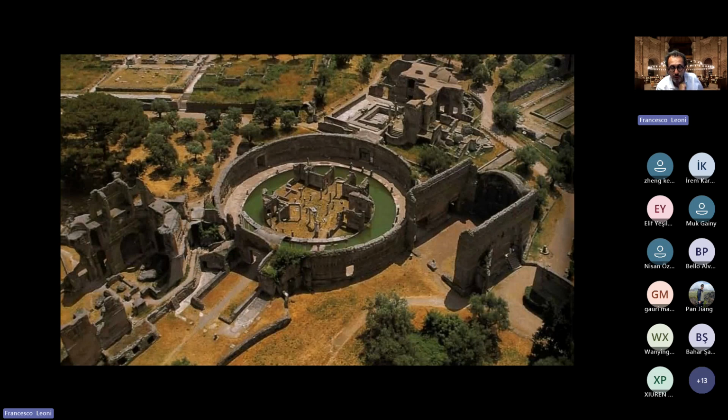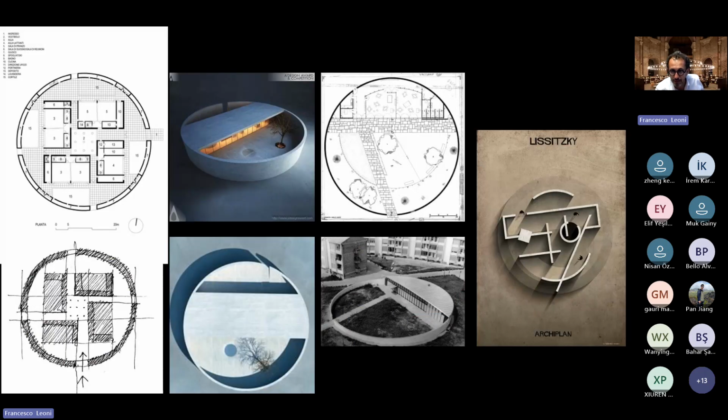If we go back to the Maritime Theater, a building that has almost 2,000 years of life, this kind of settlement of having a circular boundary and an island in the middle can be found in other contemporary architecture all over the world. You can see this primary school in Piacenza from Vaccaro.